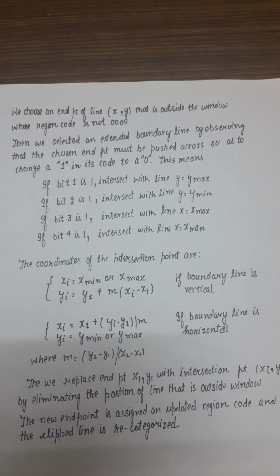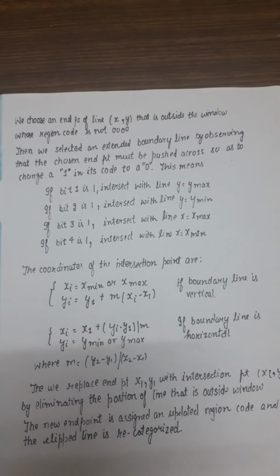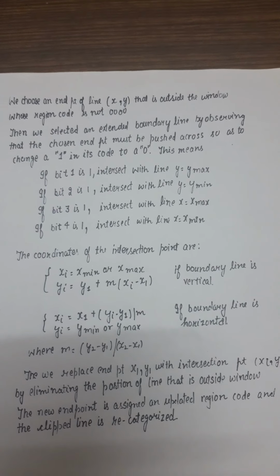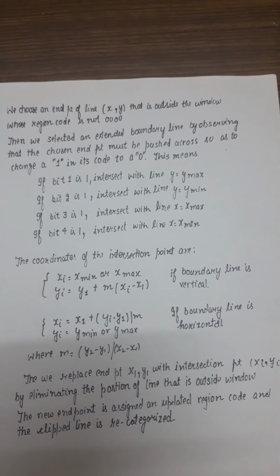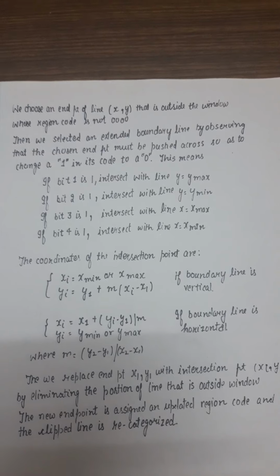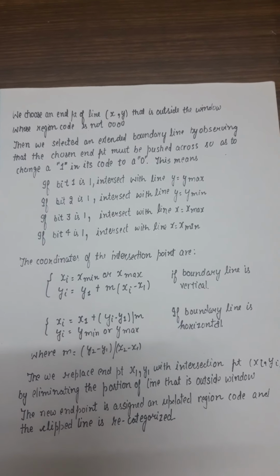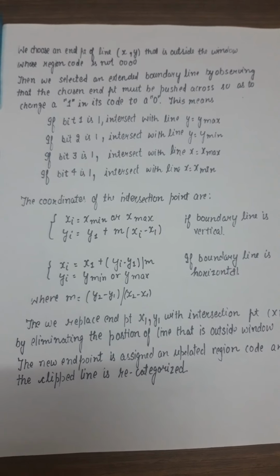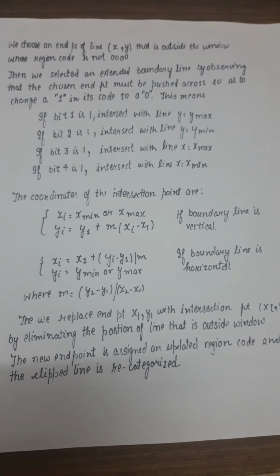Now we will find the coordinates of the intersection point. We designate the coordinates as xi and yi. If the boundary line through which the line is intersecting is vertical, then the coordinates of the intersection point are given by xi equals x min or x max.